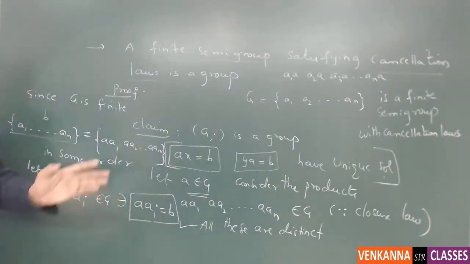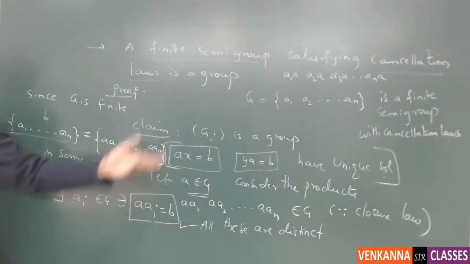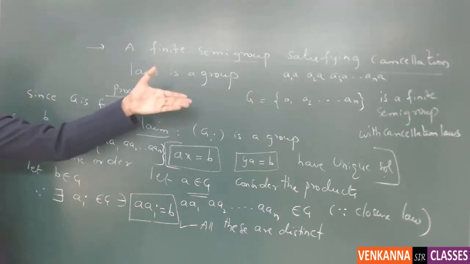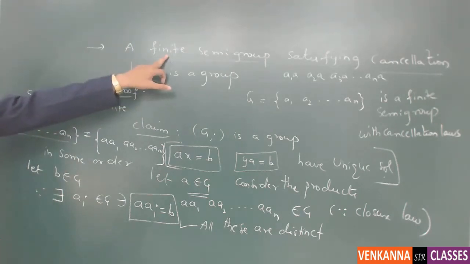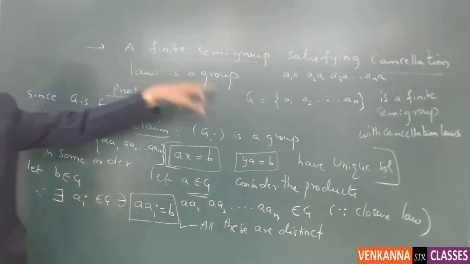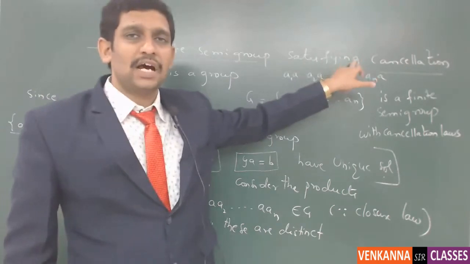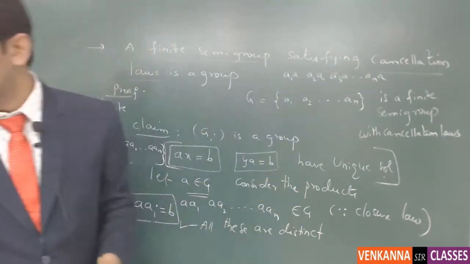So as per the previous result, the given set becomes a group. What is the overall idea for this problem? A finite semigroup having cancellation laws will become a group.